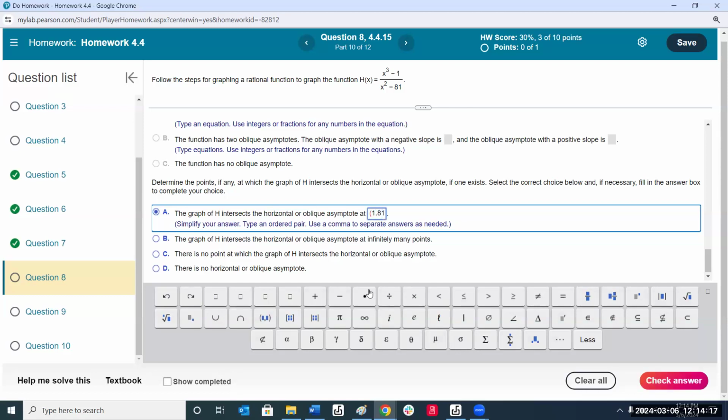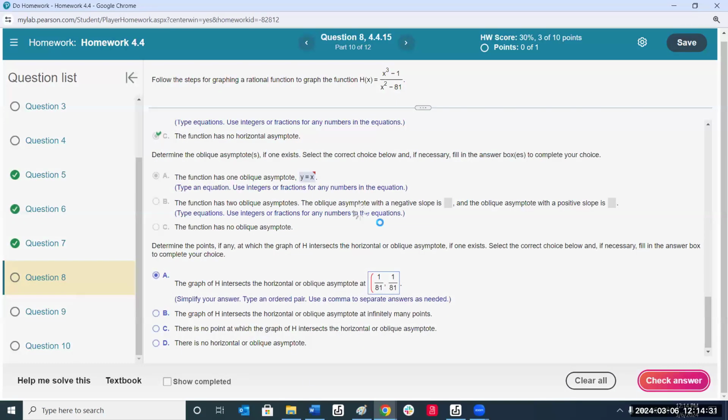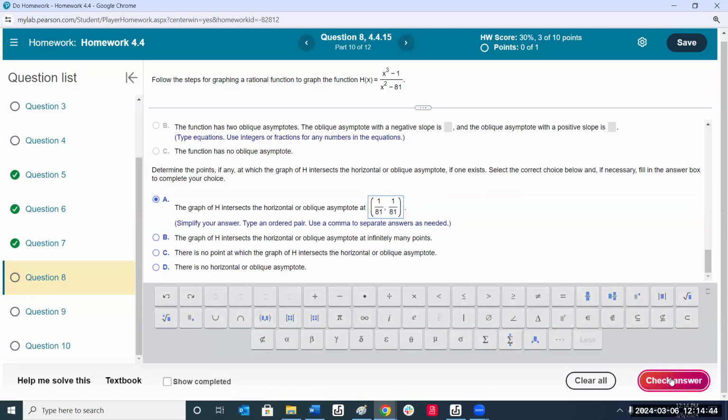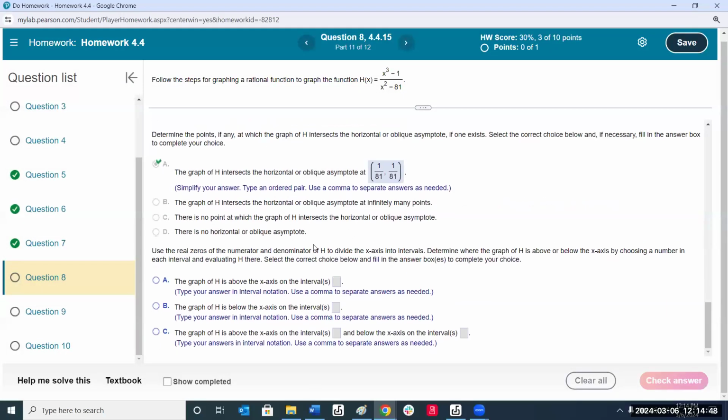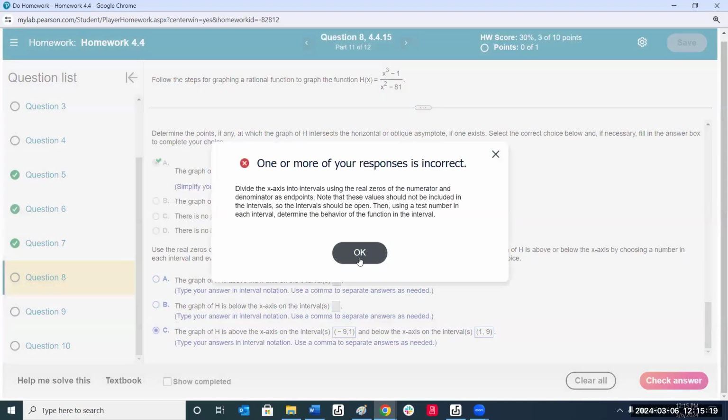1/80. Above the x-axis from -9 to 1, and below the x-axis from 1 to 9.